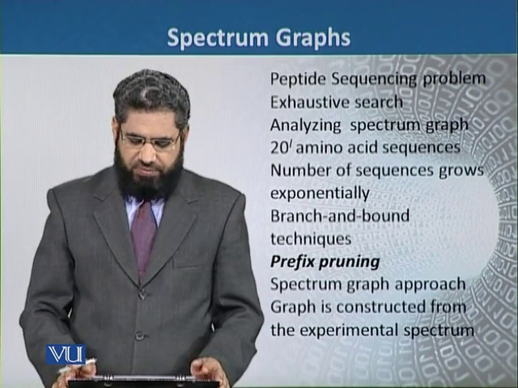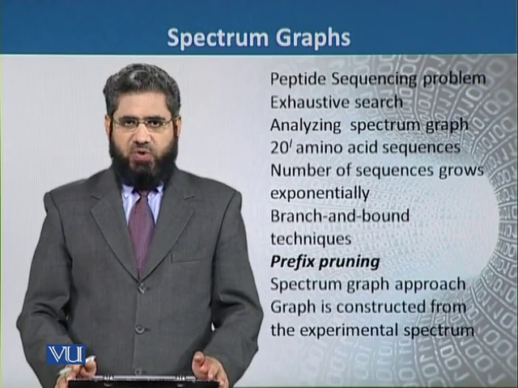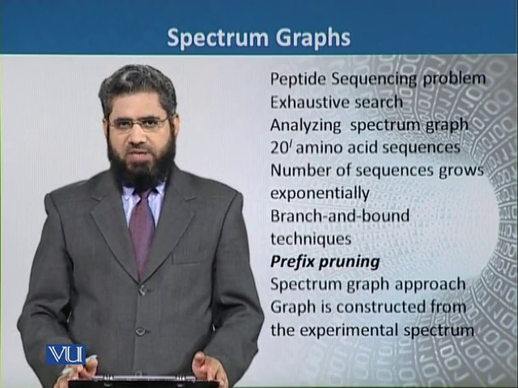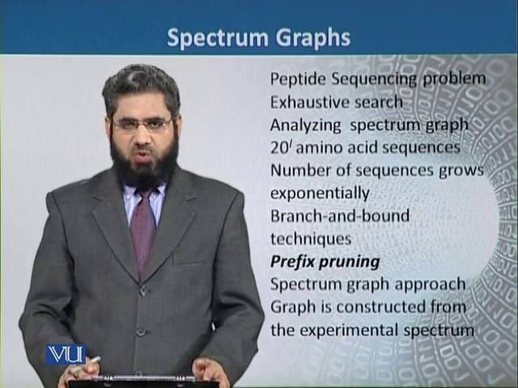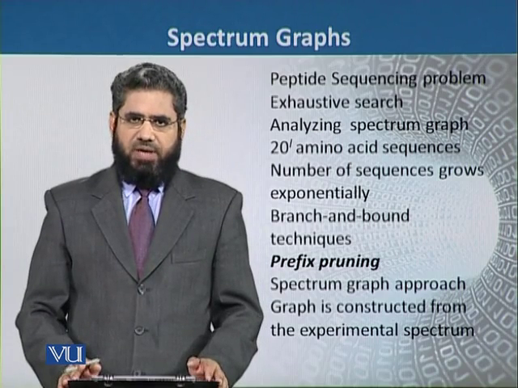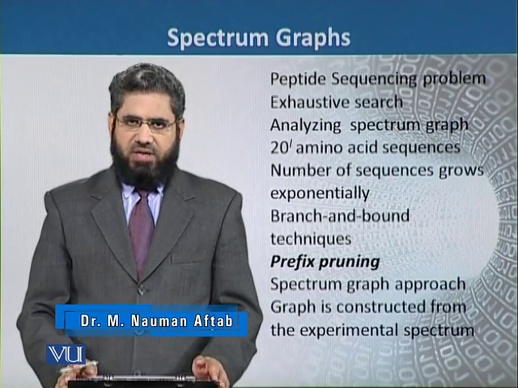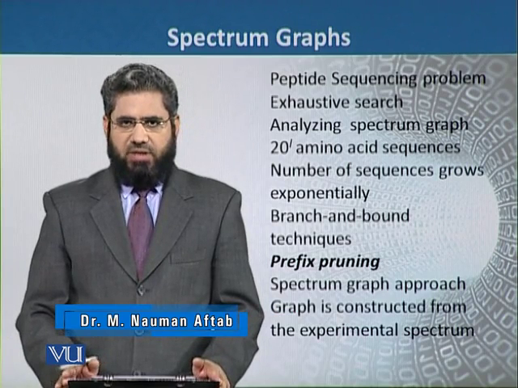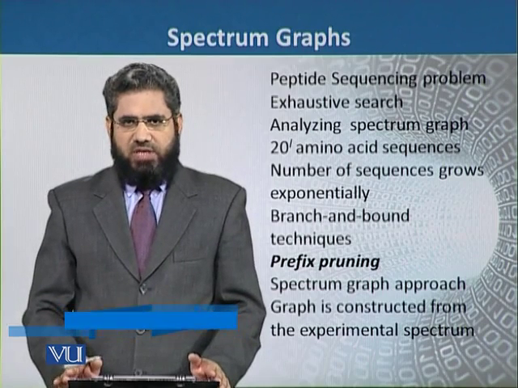Different sizes of peptides are generated, depending on the number of amino acids, that is 20, and also on the length of the peptide, that is L. So a large number of peptides are generated, and this exhaustive search technique is used among all of these peptides.